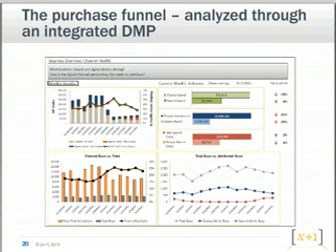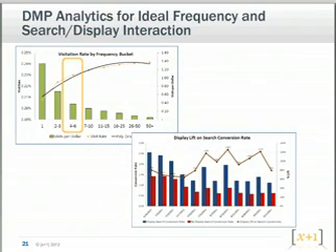From an output standpoint, I'll highlight a couple takeaways that they got from this cross-channel analytics view. One was a much more nuanced view on display performance. By tracking every single display impression, not just last click and last view, but every impression served against a cookie, they were able to identify that the ideal frequency was actually between 4 and 6 impressions.